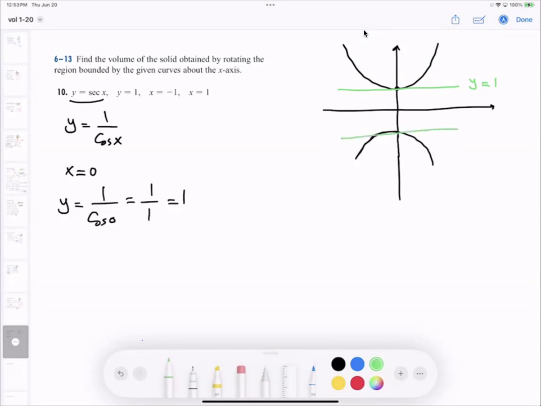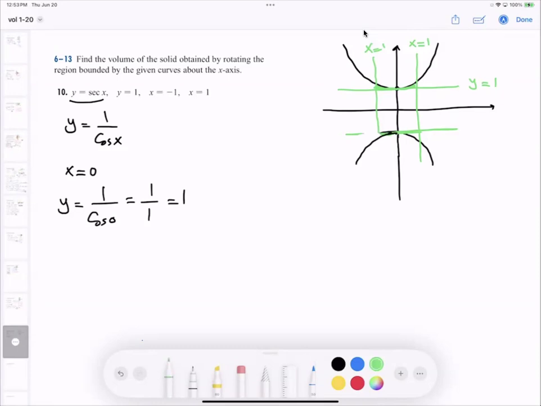Get y equals 1, and then x equals -1, and x equals 1. Okay, so this is the region that you're trying to rotate about the x-axis.